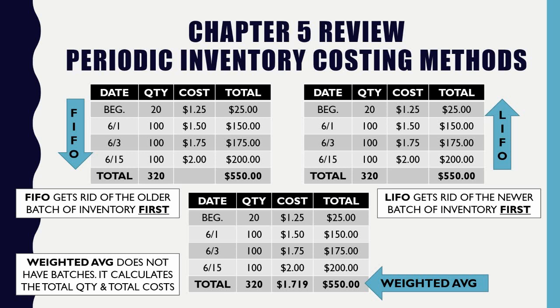And for average, we don't care. We combine them all together and we get an average cost per item, or in this case, you're only looking for the middle number. Okay, so that's something that you can note in your books here, that with FIFO, you're starting from the very first batch and making your way down to the bottom, and so on and so forth, right?